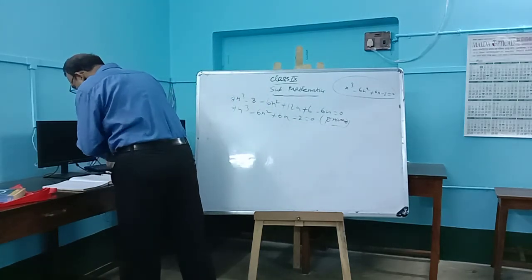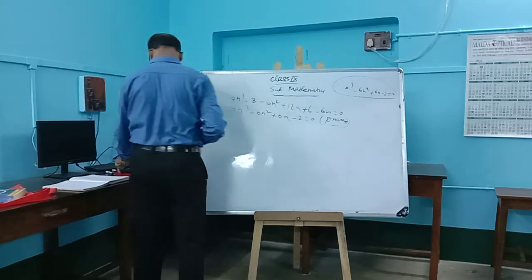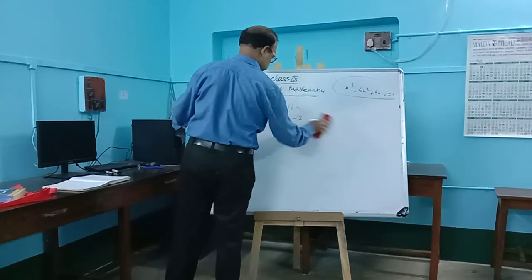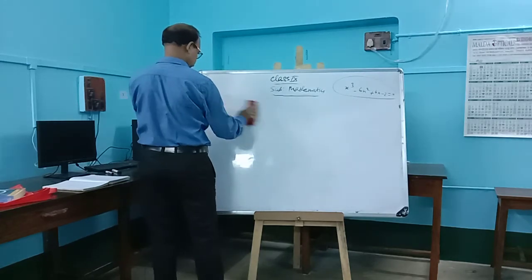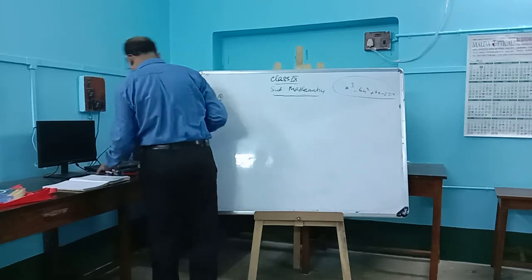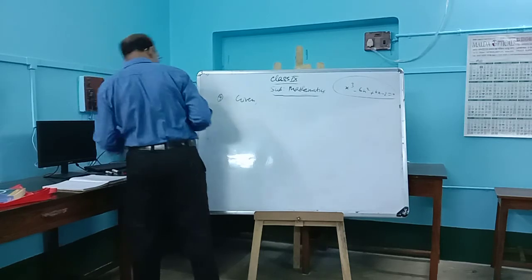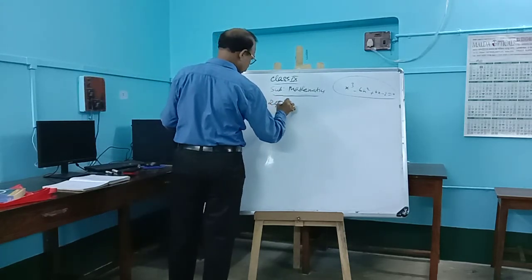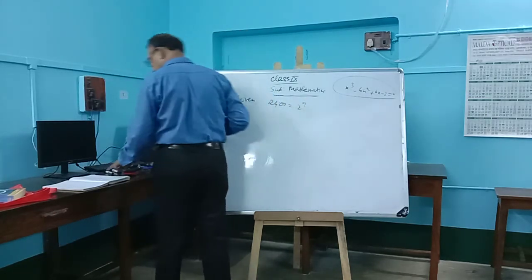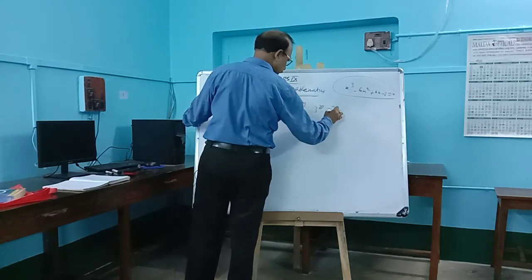Now question number 9. What is given? Given portion: 2400 equal to 2 to the power x into 3 to the power y into 5 to the power z.